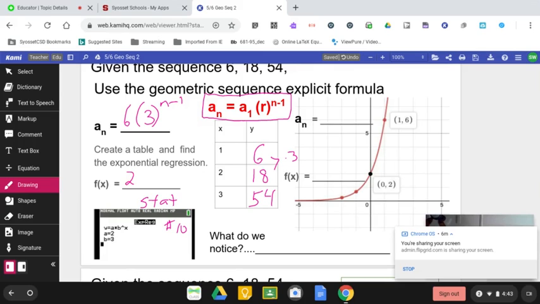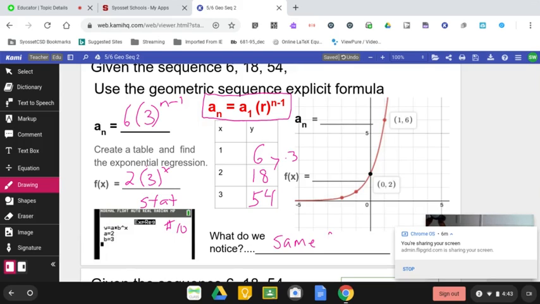So the y-intercept a is 2, and b is the common ratio, which is 3, the same as the common ratio in the explicit form, and that would be raised to the x power. So these look slightly different, but if you type both of them into the y equals in your calculator, you'll find you get the exact same function.